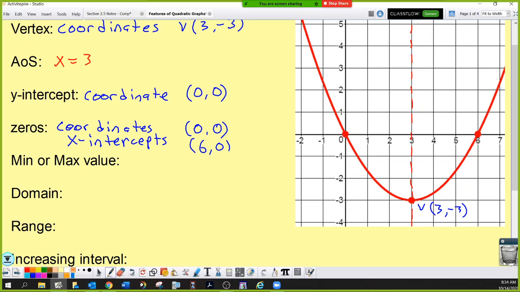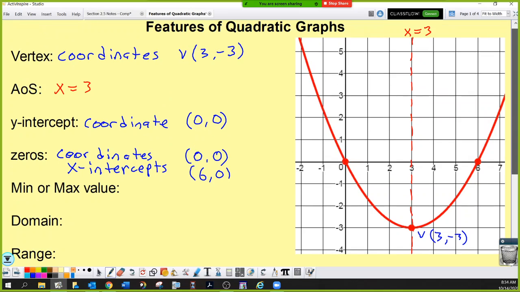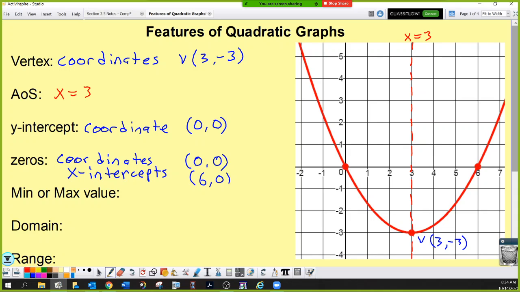Maybe the problem is either 1, we're not paying attention, or 2, we're not quite sure what it means to have a minimum value or a maximum value. Well, what does the word minimum mean? It means smallest. What does the word maximum mean? It means biggest. What I would like to do is remind you that even though the grid comes to an end, the graph does not. This thing points up forever.